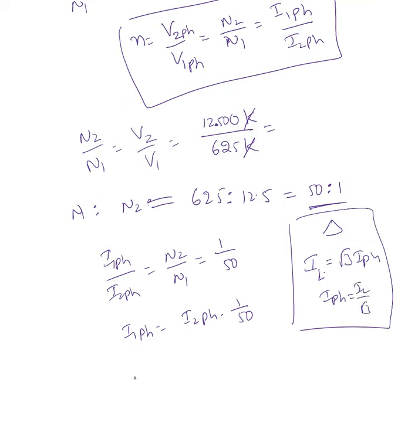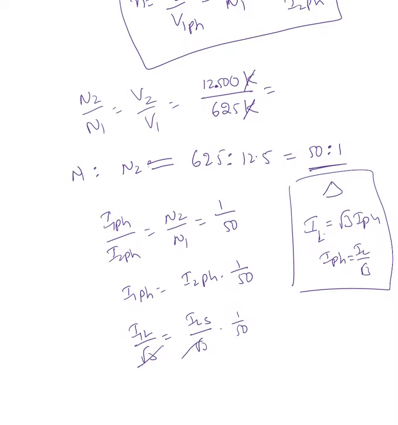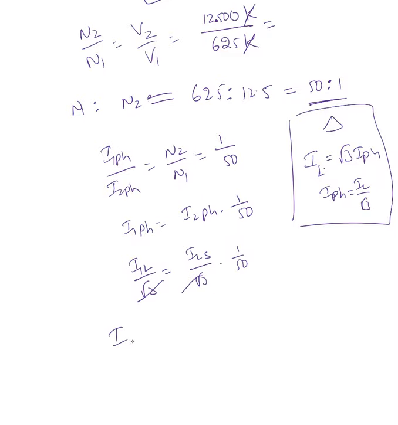So if I write it down, IL primary over square root 3 equal to IL secondary over square root 3 times 1 over 50. Square root 3 gets cancelled. So IL primary, ILP.